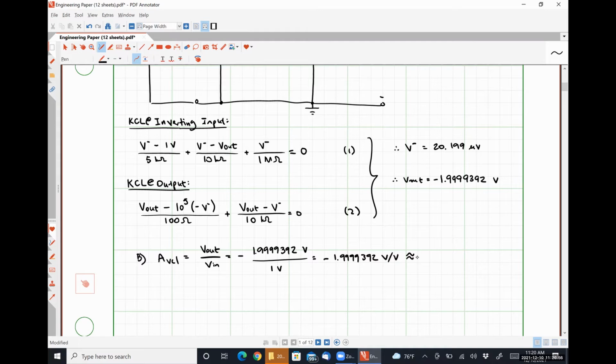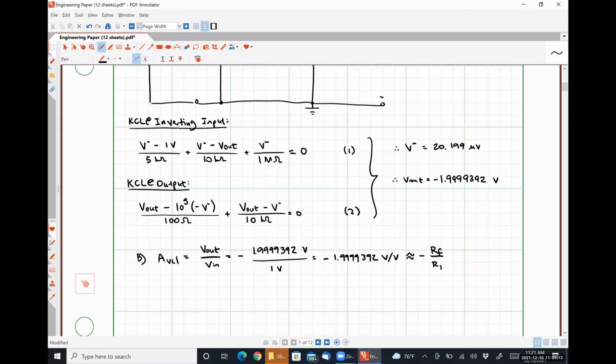And because of Cheston's, I'm going to call it an observation, this is very close to that resistor ratio RF over R1 for this particular amplifier circuit.